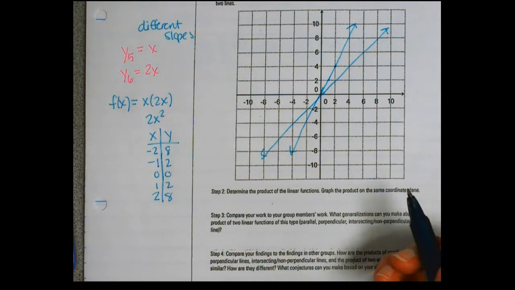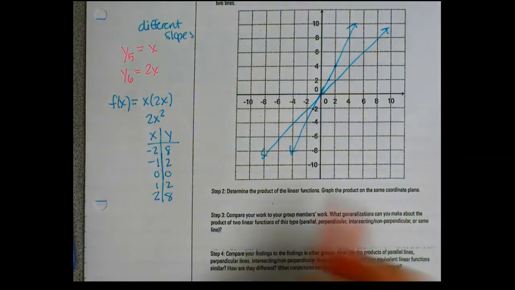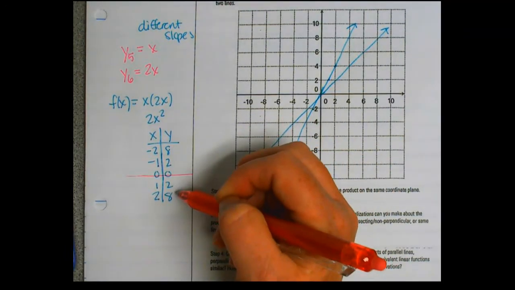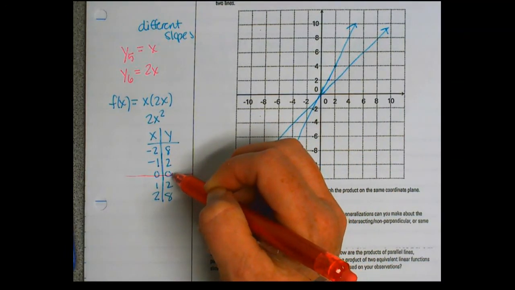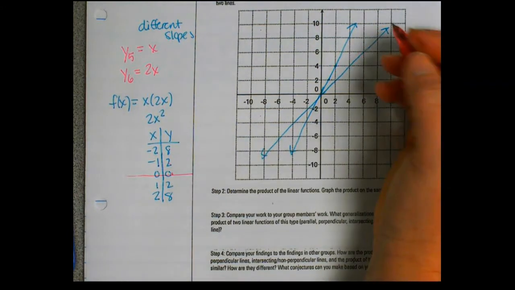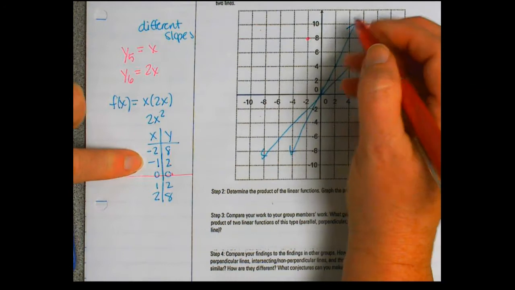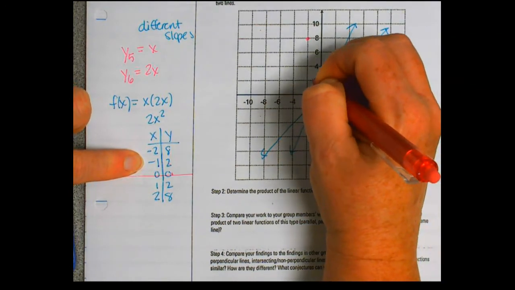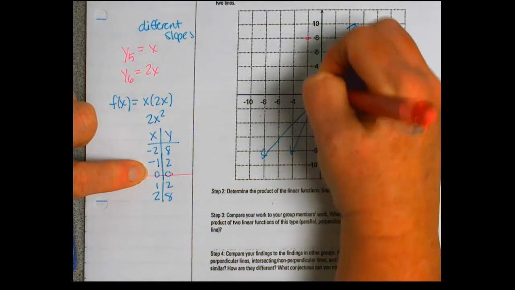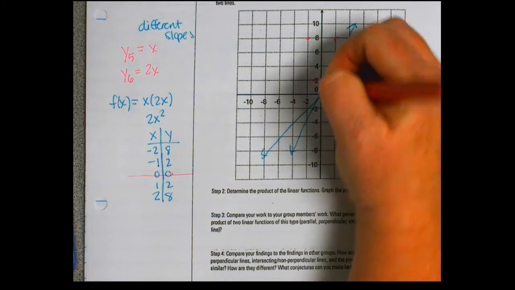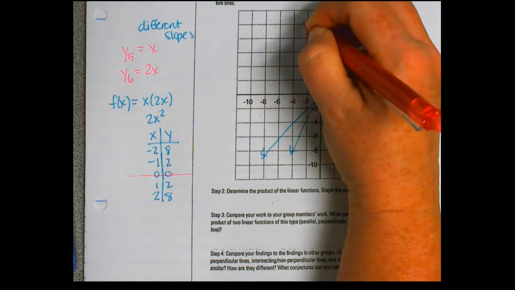So I have that same where at this value it repeats. So this is the value at the bottom, and then they repeat after that. So let's see. -2 up 8 is here. -1 up 2, 0, 0, and then we back up like this. So we can see the parabola right here.